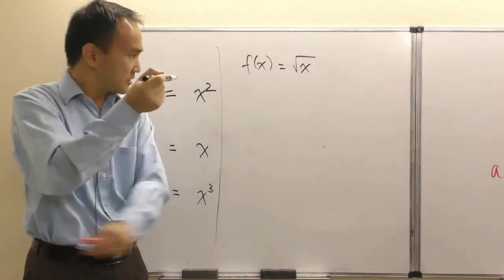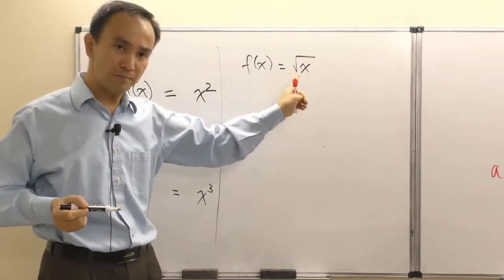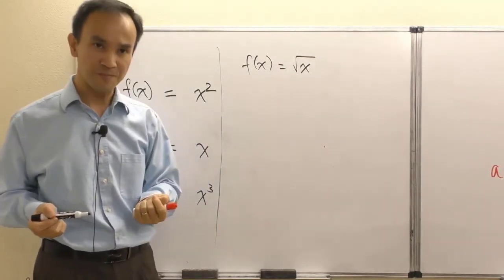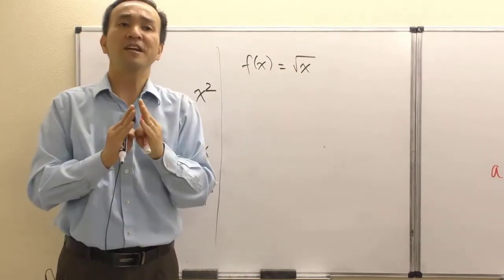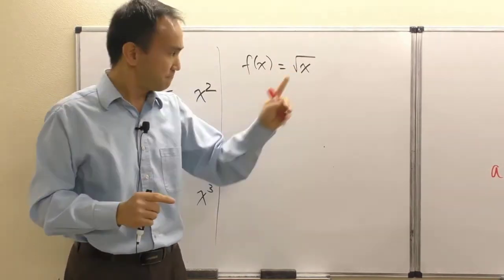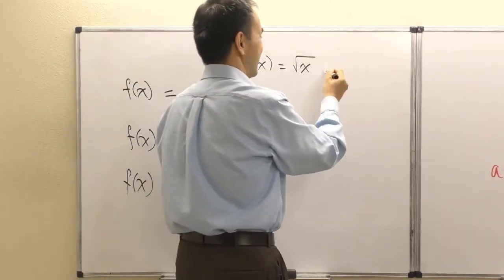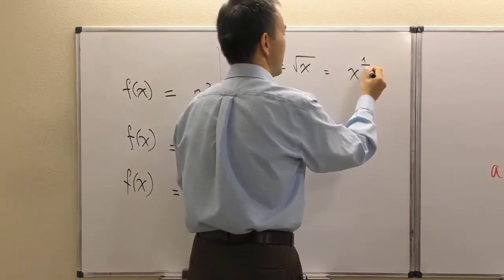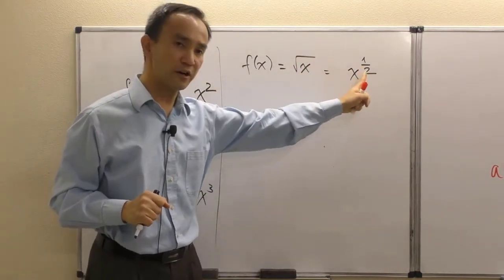No doubt about it, we have seen this back in our toolkit functions. This is one member among our toolkit functions. Now in our algebra understanding, a square root is regarded as a power 1/2.